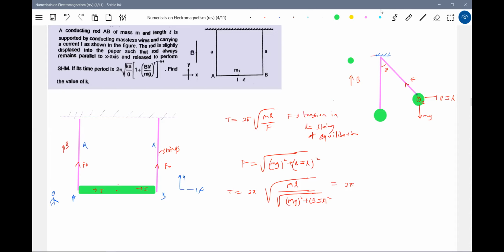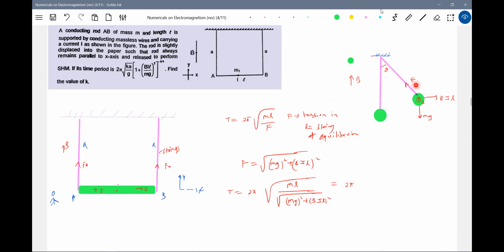What are the forces that will be acting? Oh, two strings are there, no? If there are two strings, then the torque equation, slightly if I displace, effective will become 2F.